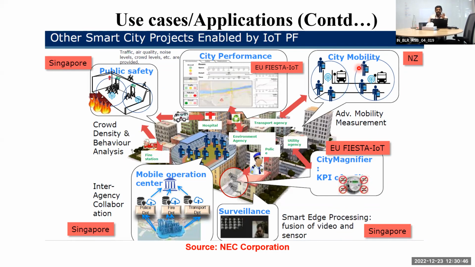Next is environmental. See, many agencies, right? For example, hospital, transport agency, utility agency, police, and environmental agency. So everybody will be getting a huge amount of data to process. Okay, public safety and other stuff, right? So it's like a kind of surveillance. All are integrated together in the IoT platform, where you will process all those data.